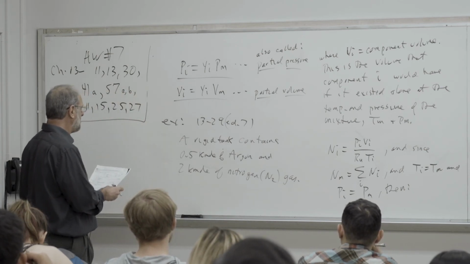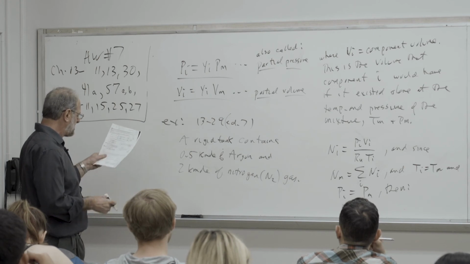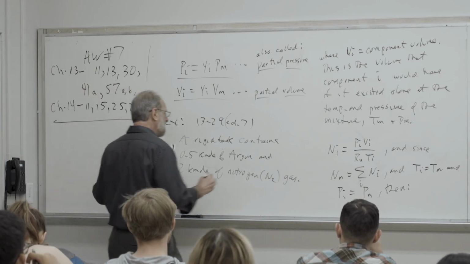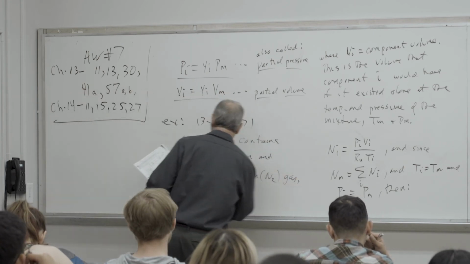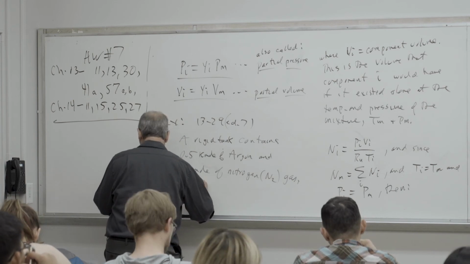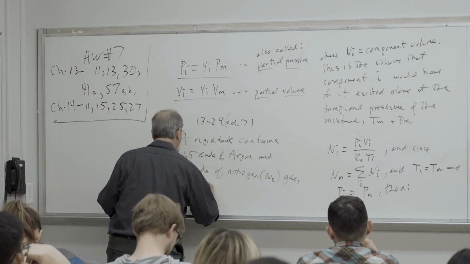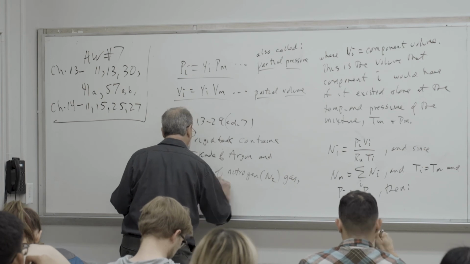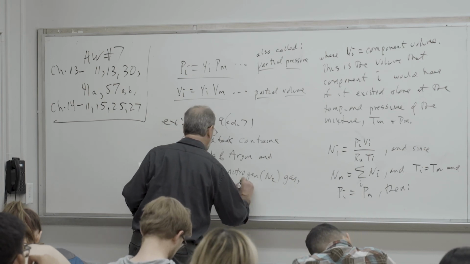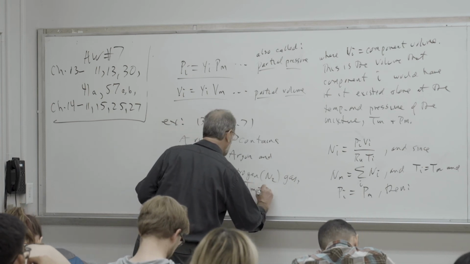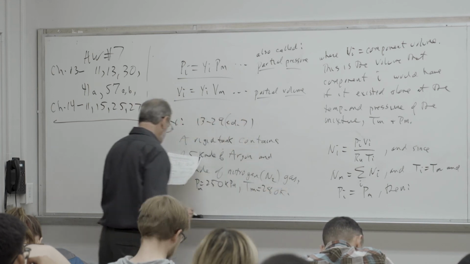Anyway, what we have is a rigid tank that contains this number of moles of these 2 gases, and the whole mixture is at a pressure of 250 kilopascals, and the mixture temperature is 280 Kelvin.